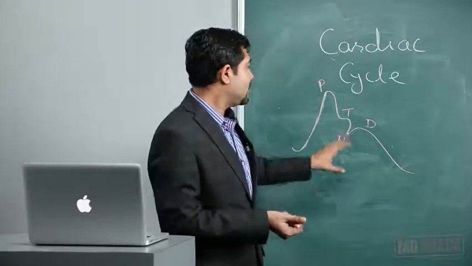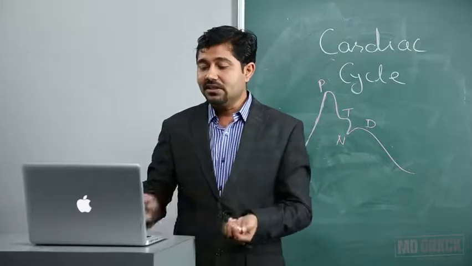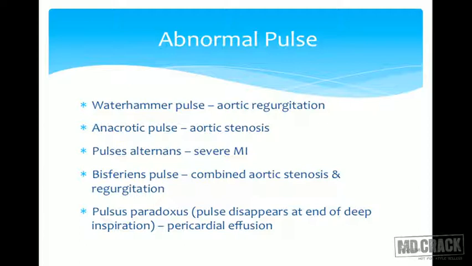If I record the pulse, I can diagnose some of the abnormal conditions related to it. As you can see in this slide, this picture is called the water hammer pulse, which will rapidly rise and rapidly fall. This can be seen in aortic regurgitation, because in aortic regurgitation the end diastolic volume will increase as the blood is regurgitating.